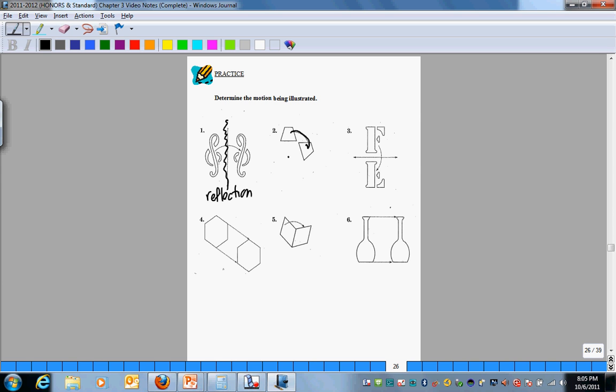Here we can see the image has been turned on its corner. That'd be a rotation. That F has been flipped again over a mirror. This would be a reflection.